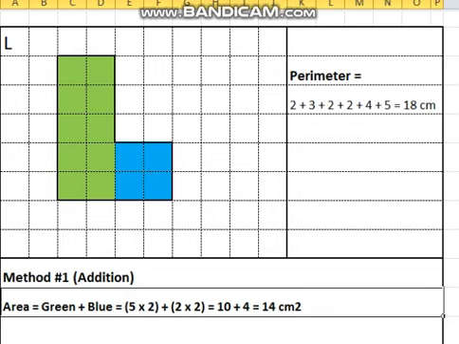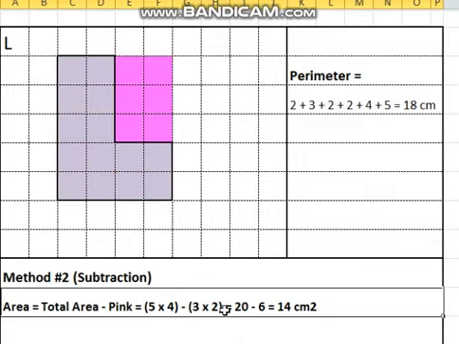Now let's move forward to the second method. The second method is just like this. When you see the whole shape here, it is one whole area. It is like a piece of paper, and then you cut this piece away, and it becomes the L shape here, right?